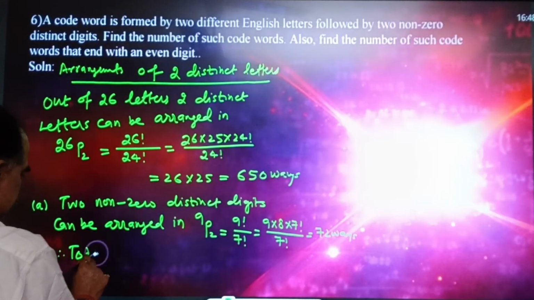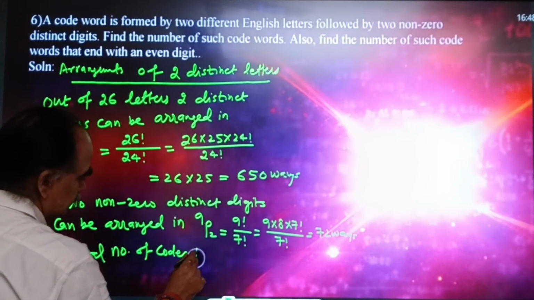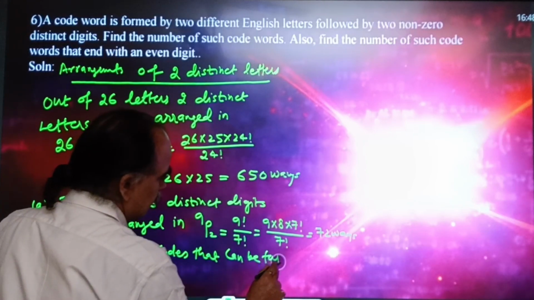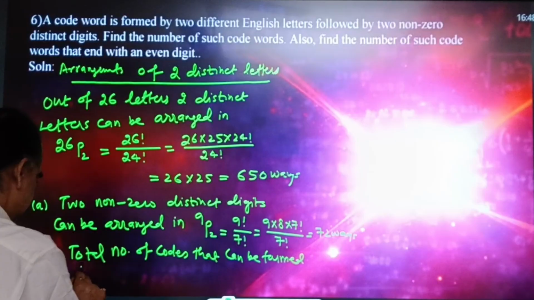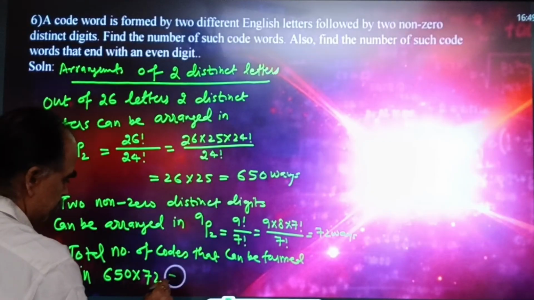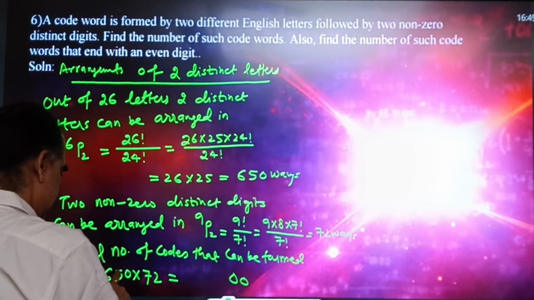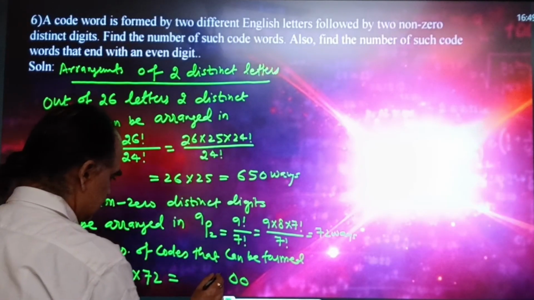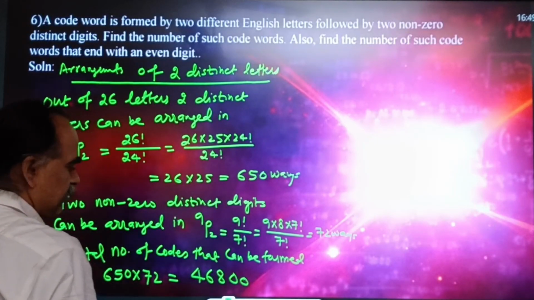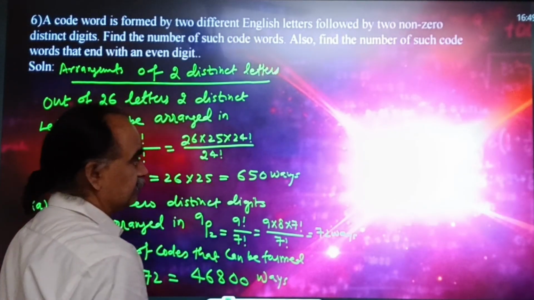Therefore, the total number of codes that can be formed is 650 into 72, 46,800 ways.